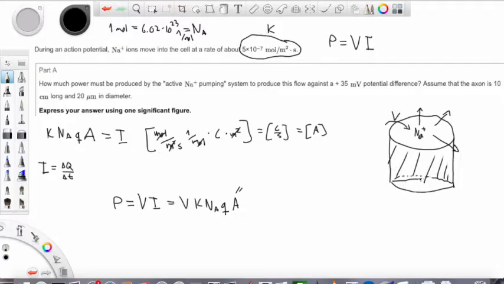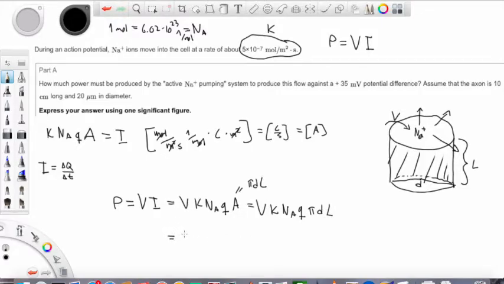So that's the diameter, and that is the length. So the surface area is the perimeter, which is pi times d, times the height L. So we get voltage times K times NA times Q times pi d L.